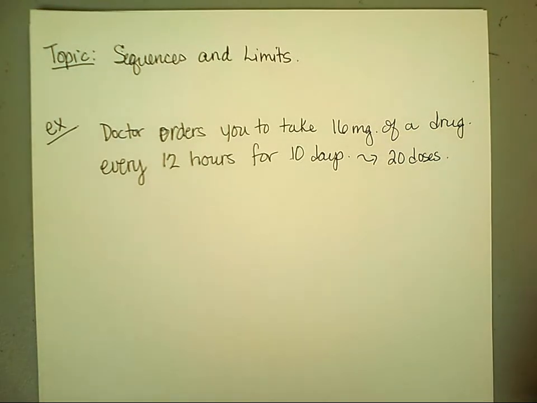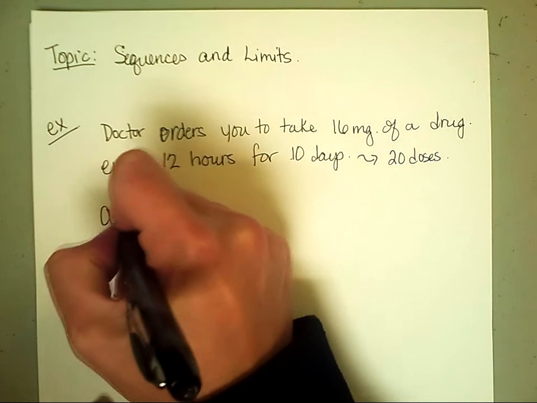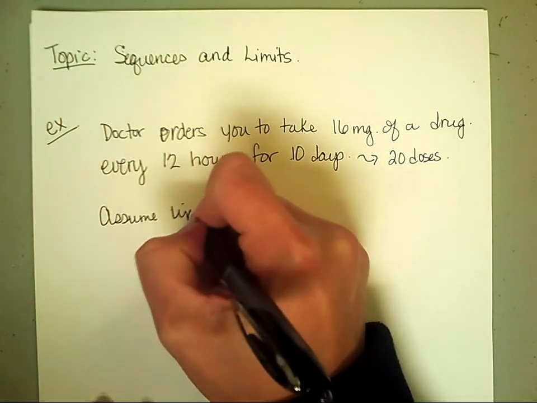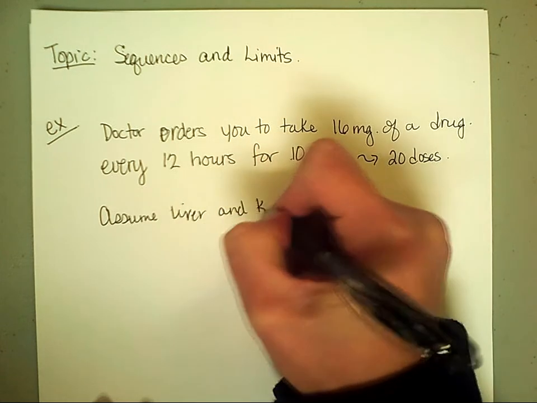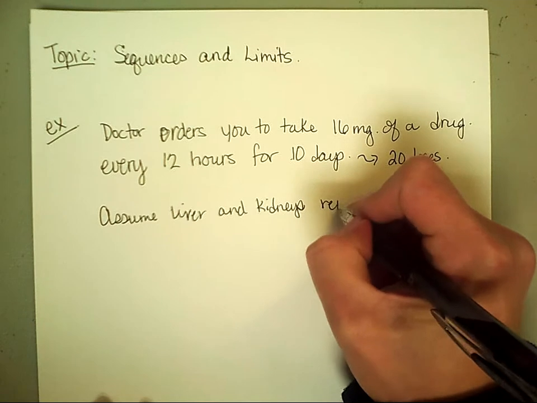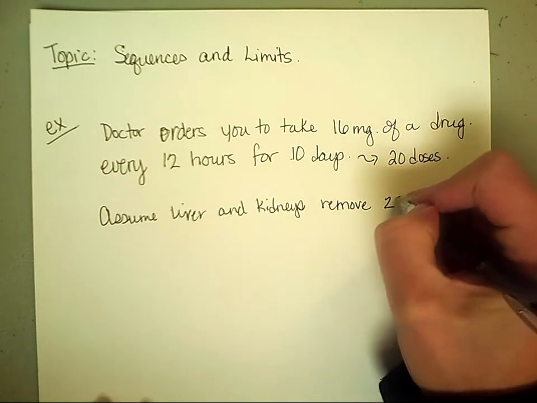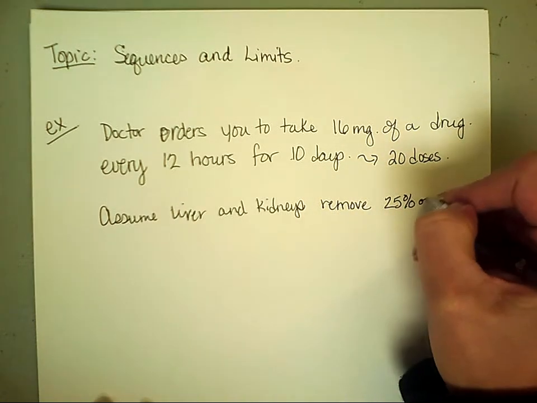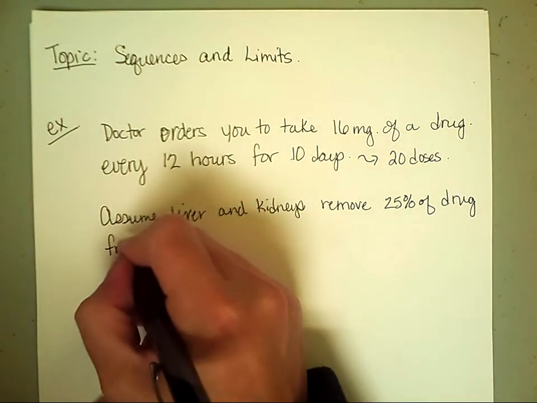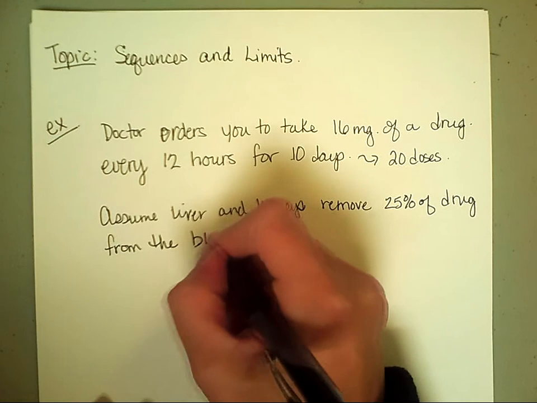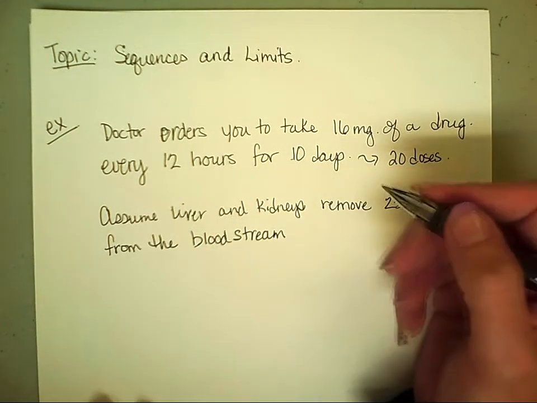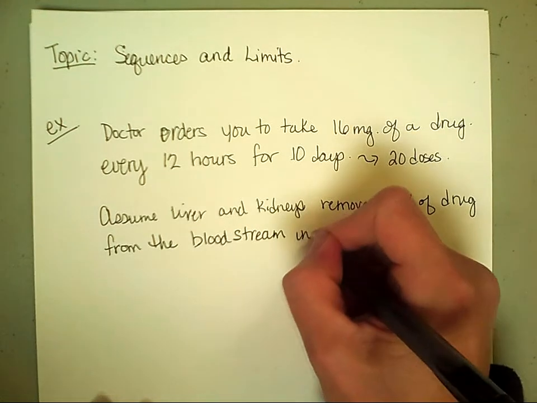Now, we're going to assume here, because our body will process it, that our liver and kidneys can process or remove 25% of the drug from our bloodstream in the same amount of time, in 12 hours.